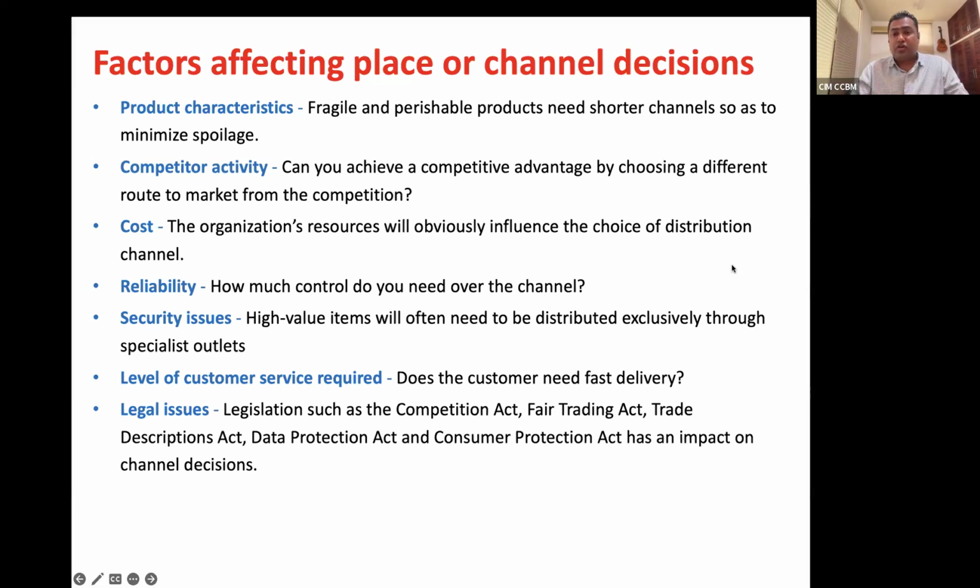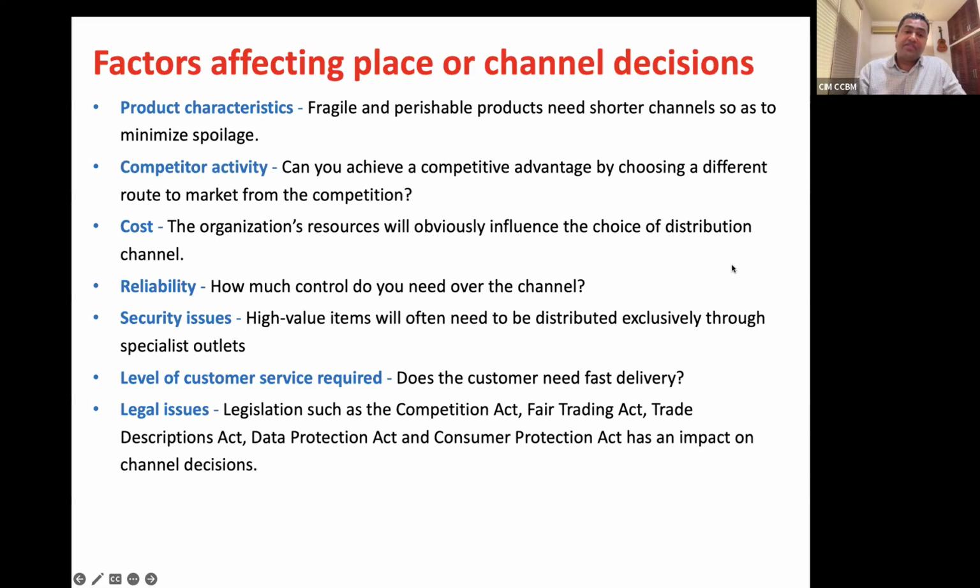Of course, the cost of distribution must be considered. Sometimes shipping costs are really high. Air freight costs are really high. Getting a product from one corner of the world to the other is very costly, sometimes much more costly than the manufactured cost of the product. Then the reliability of the channel is important. Security.